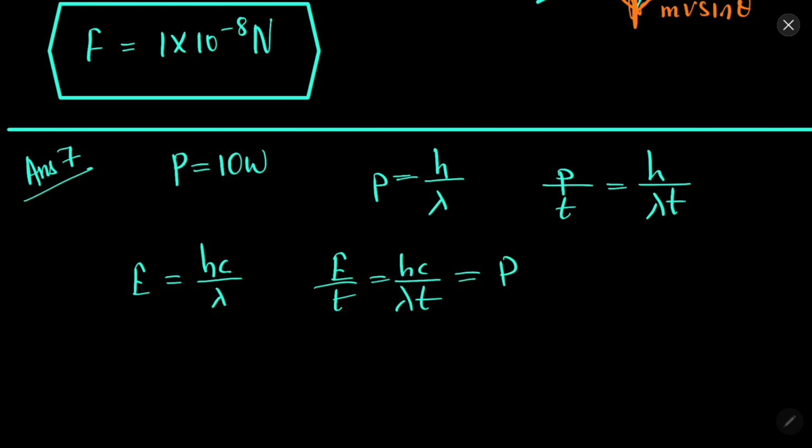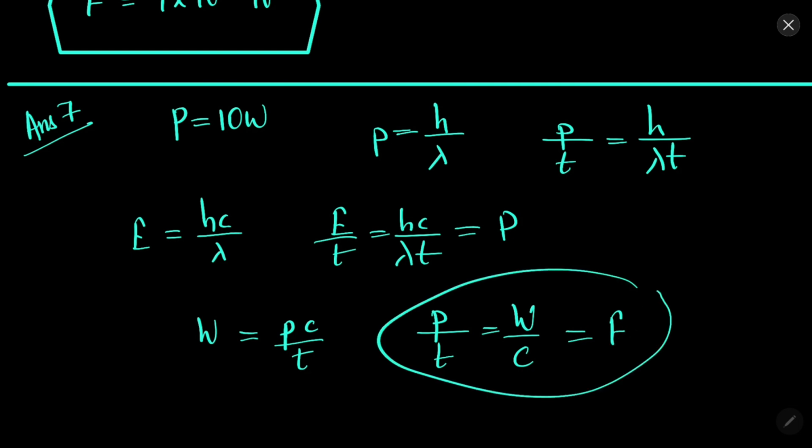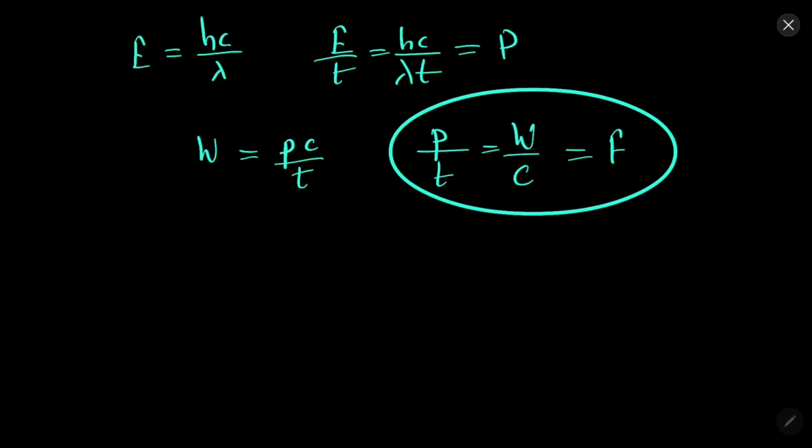So this will be the power. So work done will be Pc over momentum into speed of light over time. So momentum over time is equal to work done over c, so it will be equal to the force, because we know that force is the rate of change of momentum.